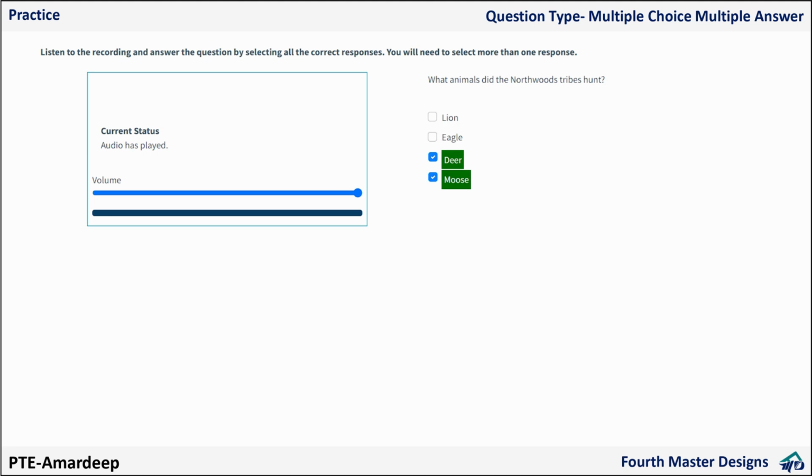Don't spend too much time on these questions. Okay, keep that in mind. Why should we not spend time? This question will be of 2 marks. One I am easily getting, so why should I spend 1 minute on this question for that one extra mark?